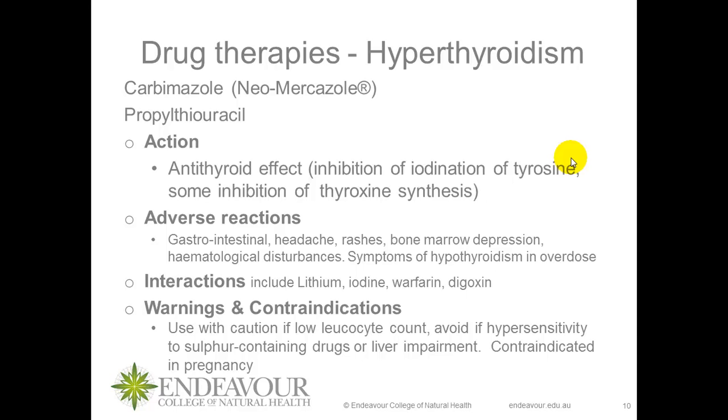And similarly, if a person had liver impairment, because the antithyroid drugs are metabolized in the liver, they would be used with caution or avoided if possible. As these drugs inhibit the normal metabolic pathways leading to thyroxine production, they will do the same in the fetus, so they are actually contraindicated in a person who is pregnant.